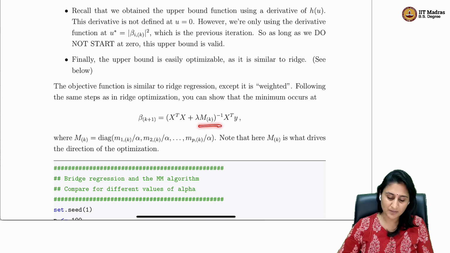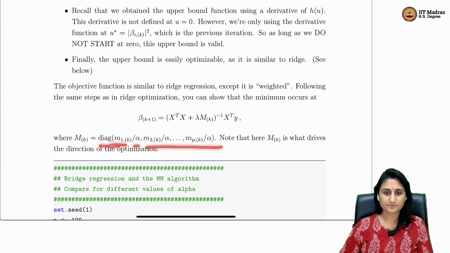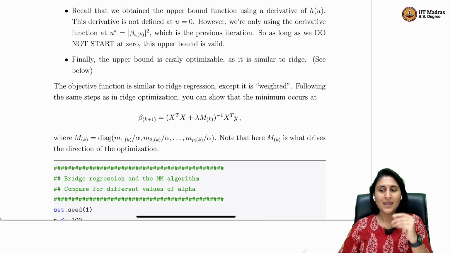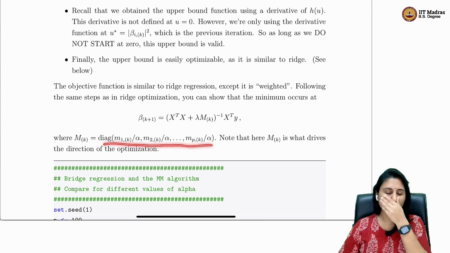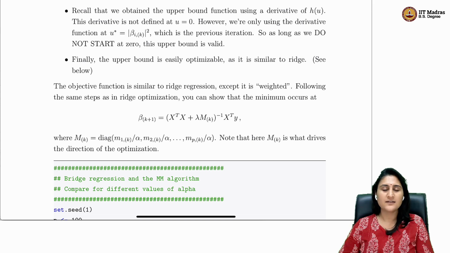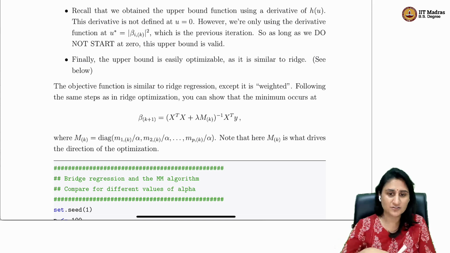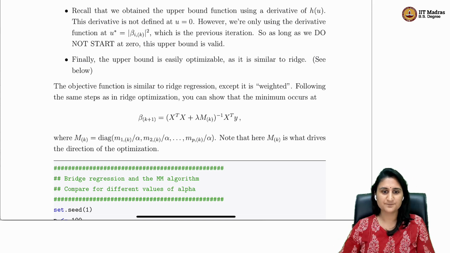Now we have this mk, where mk is a diagonal matrix of all the small m's by alpha. Okay. And it is this mk over here that contains information about the previous beta k. Nothing else contains information about the previous beta k, right? So these mk's are exactly what know what's going on and which direction to go towards.